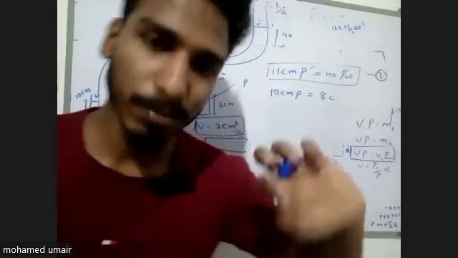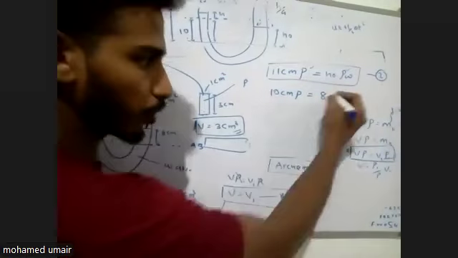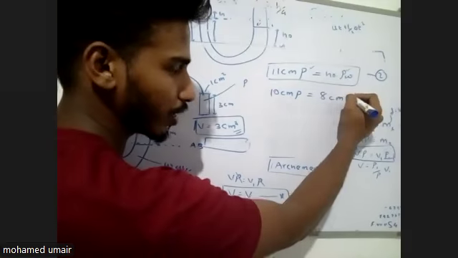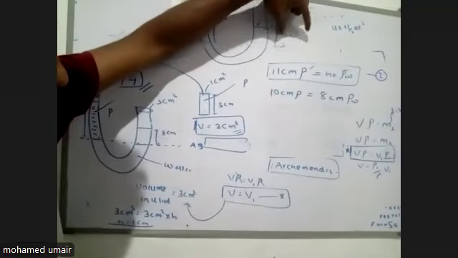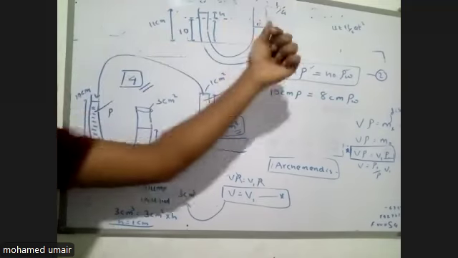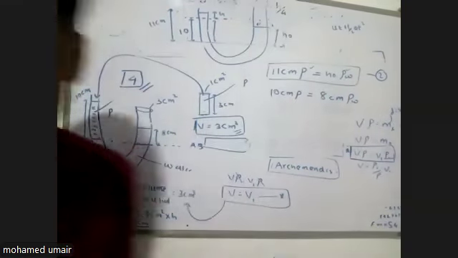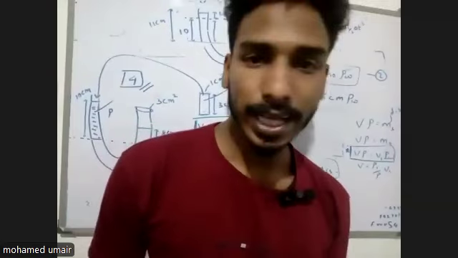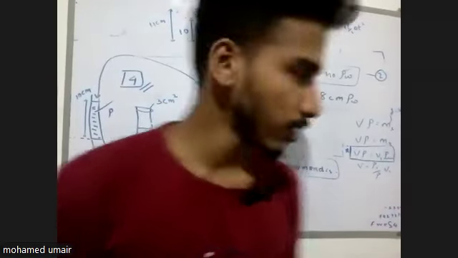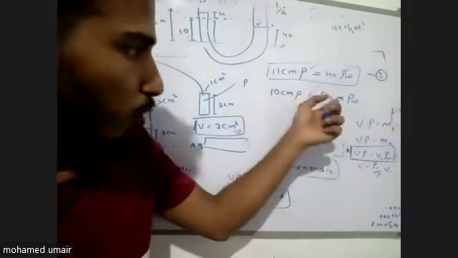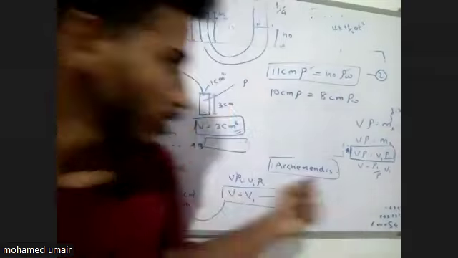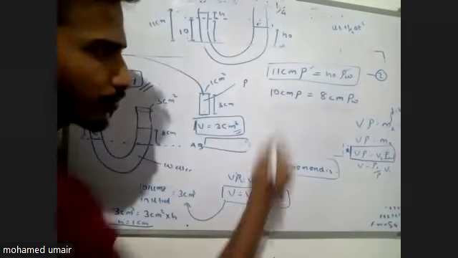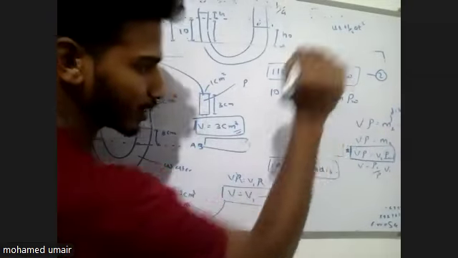But since it is an MCQ, I'm not actually transforming them, okay? I'll tell you the reason why. Because they are actually wanting you to find the height of this liquid level, which, if you look at the answers, has been given in centimeters. So actually no need to convert them to meters, okay? Anyways, they will cancel off. So if you want to minimize time, just make sure that you keep it in centimeters.